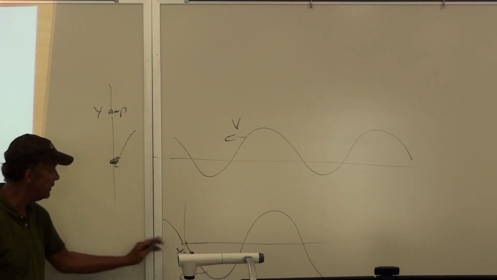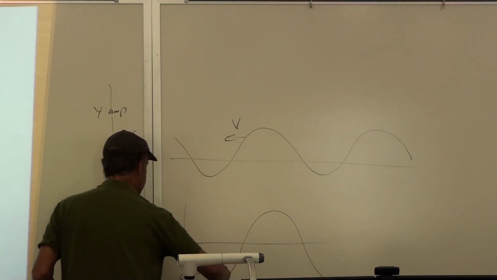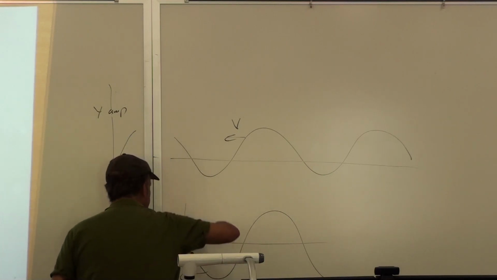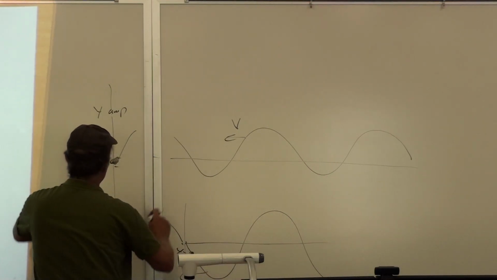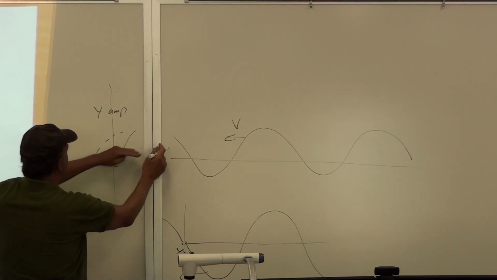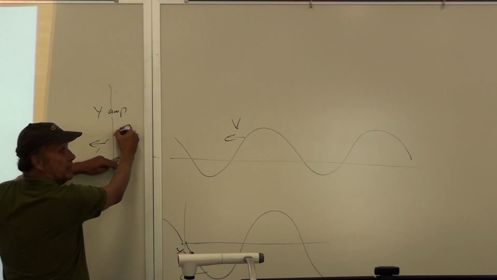Because it's moving to the right. As this thing moves up, then this point here will move to there, and that point will move down. Whereas here, as this point moves to here, a second later, this point is moving up.